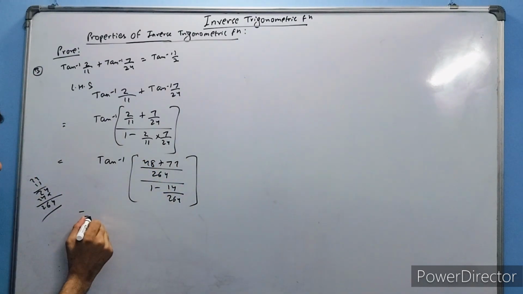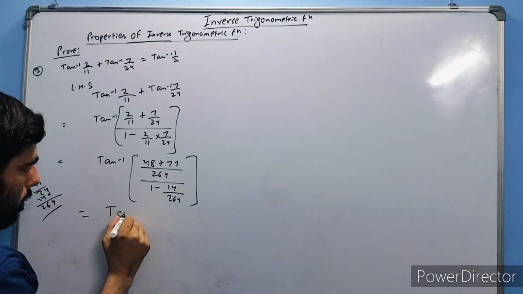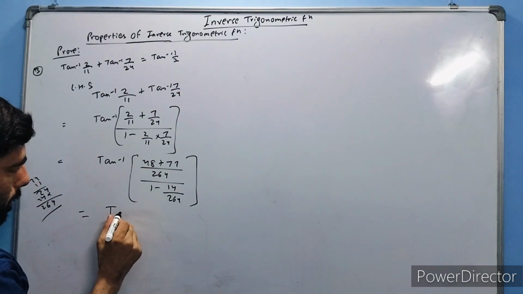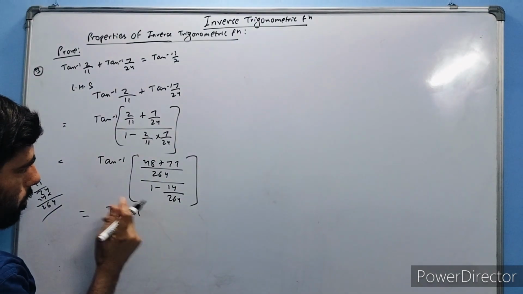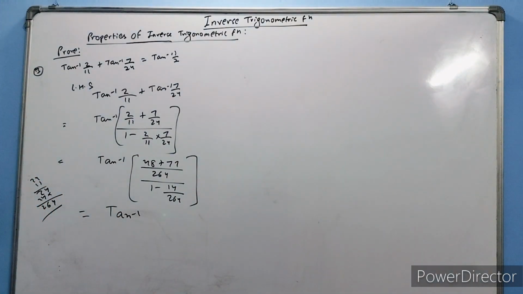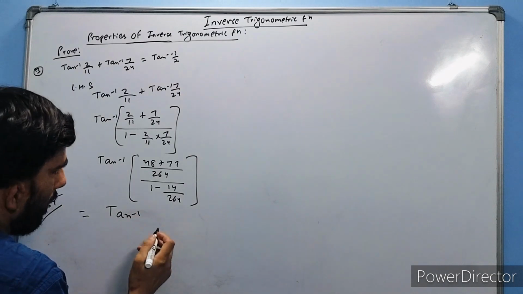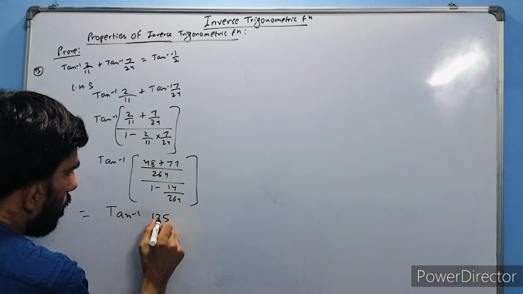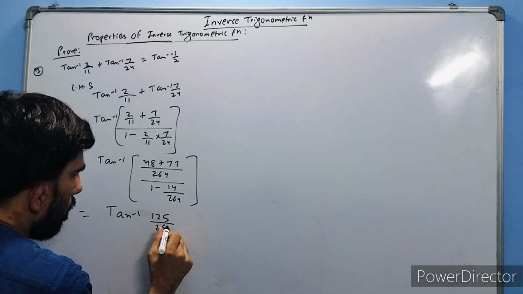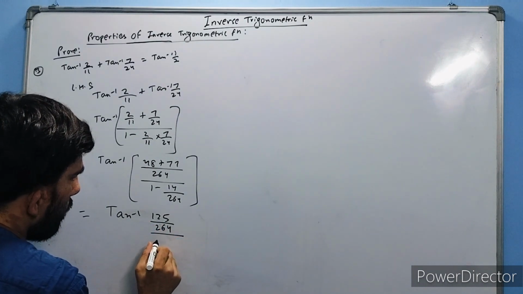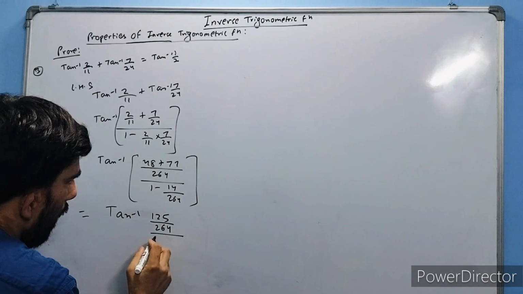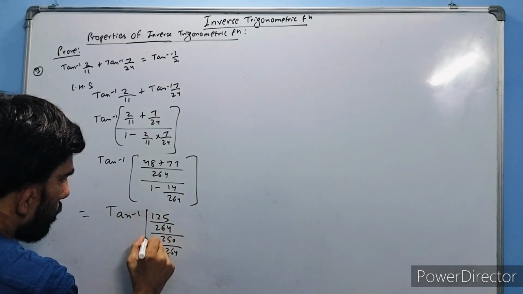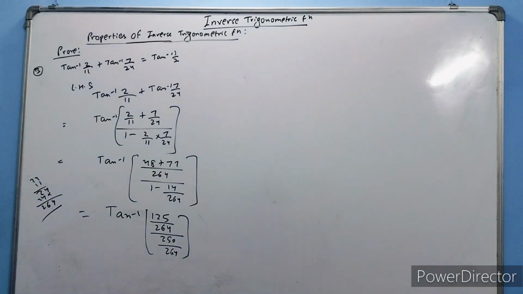Now what I got here is tan inverse of. If I solve this, I get 250 upon 264. What can we do here?